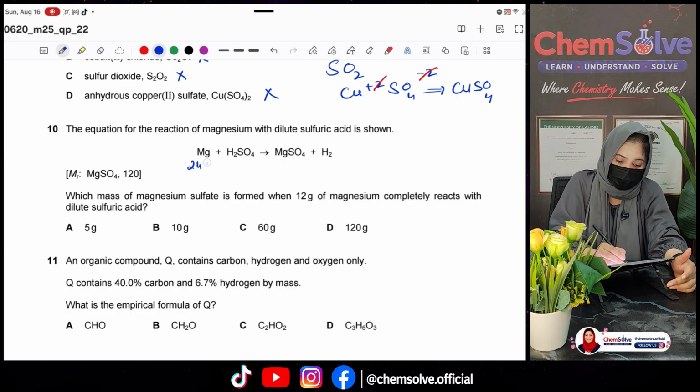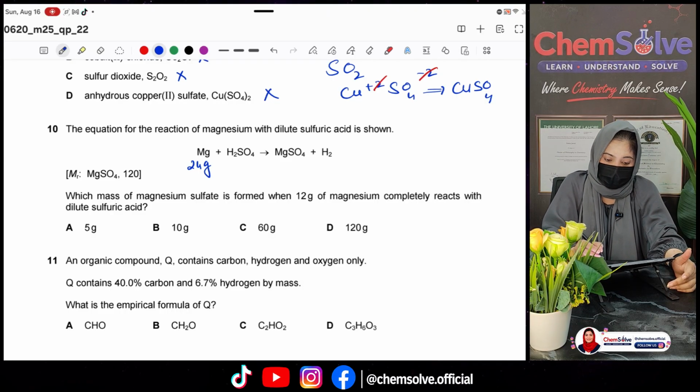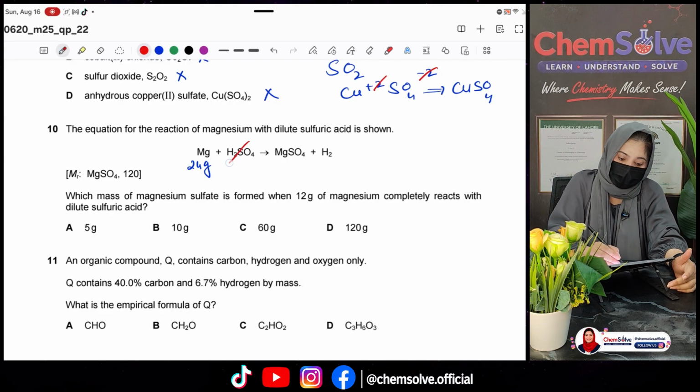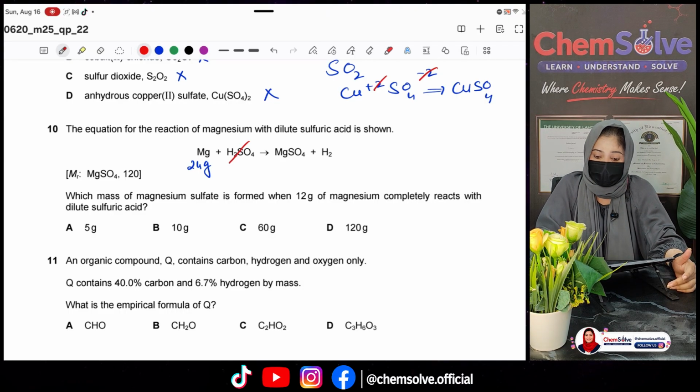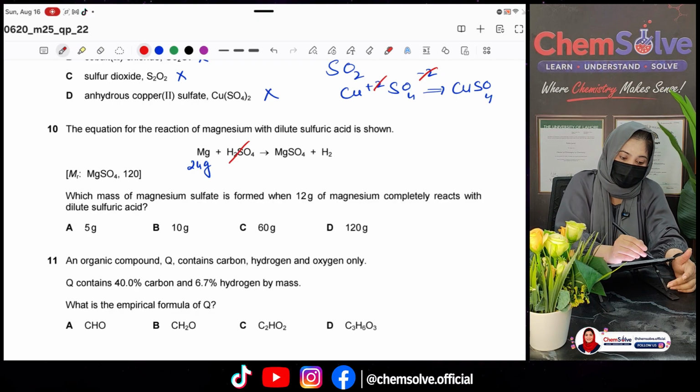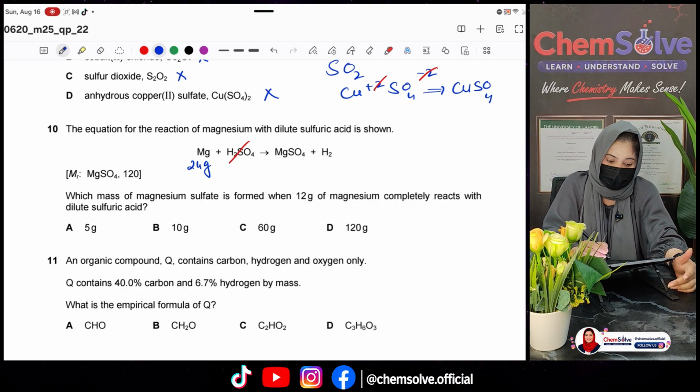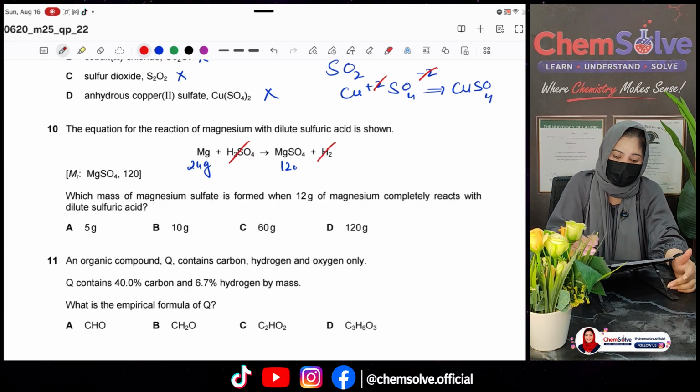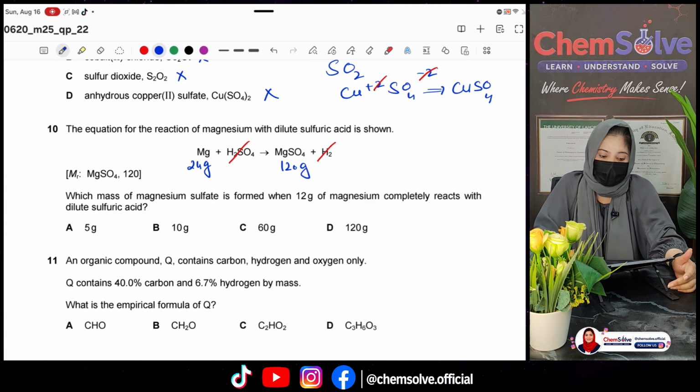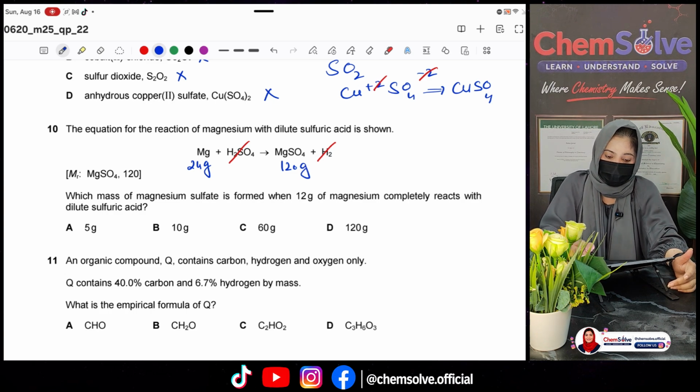So this is 24 gram here. We are going to ignore sulfuric acid because it is in excess and has nothing to do with the calculation. MgSO4 is 120. Hydrogen is also not included in the calculation. So we just have to compare Mg and MgSO4.